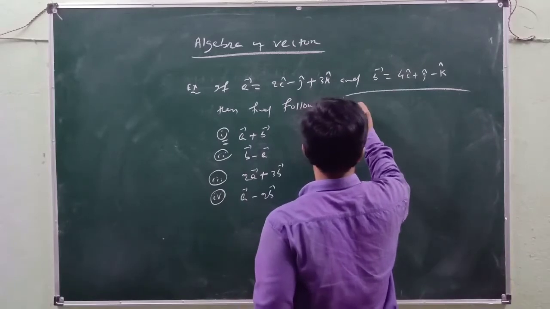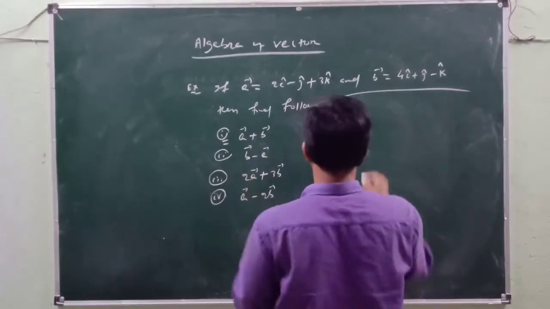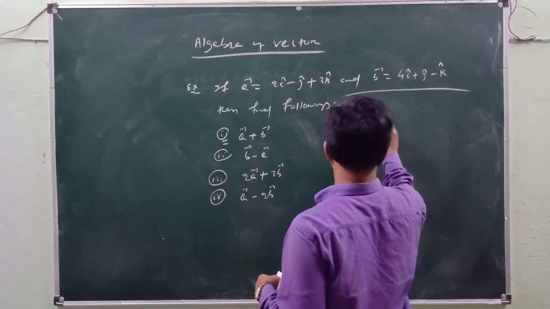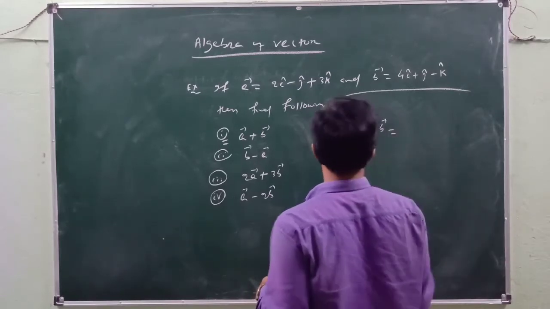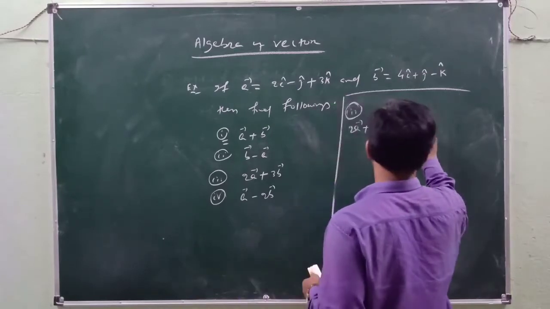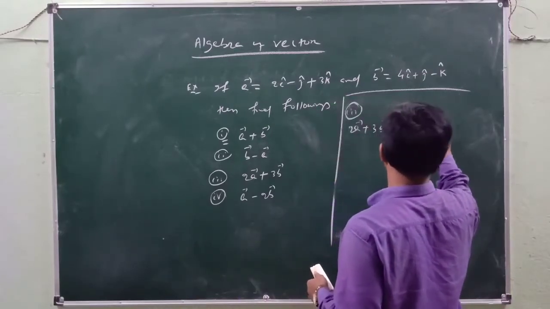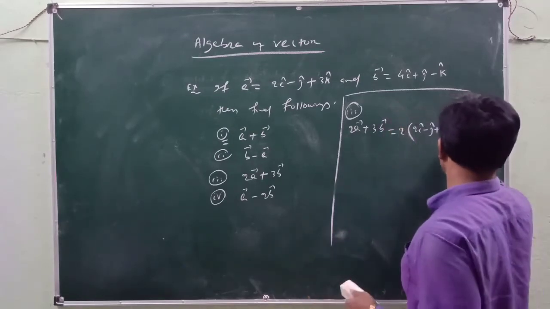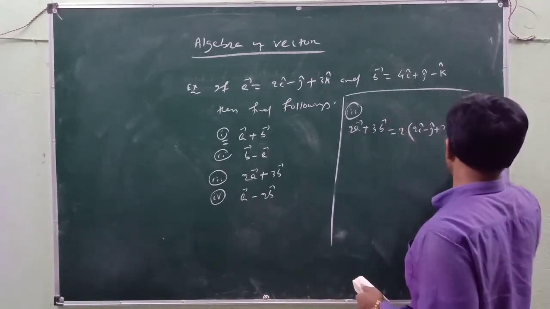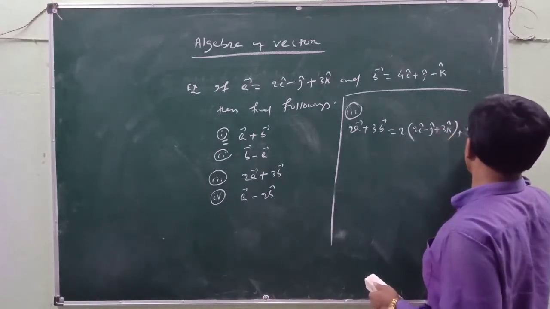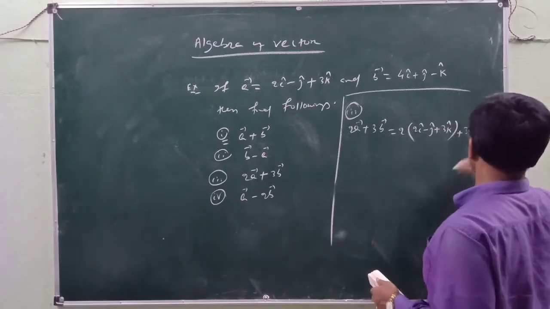Here third, look, it is 2a vector plus 3b vector. Write properly. So 2 into a vector. Here a vector, it is 2i cap minus j cap plus 3k cap, then plus 3 into b vector. In place of b vector, it is 4i cap plus j cap minus k cap.